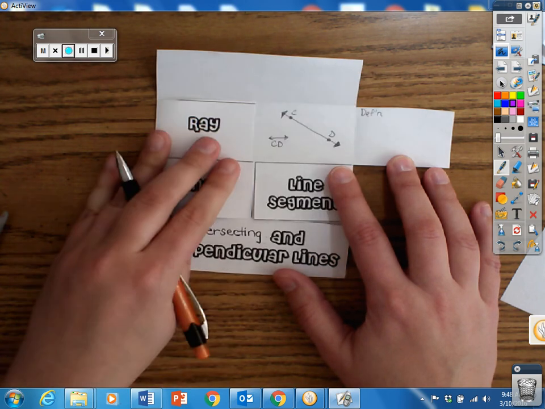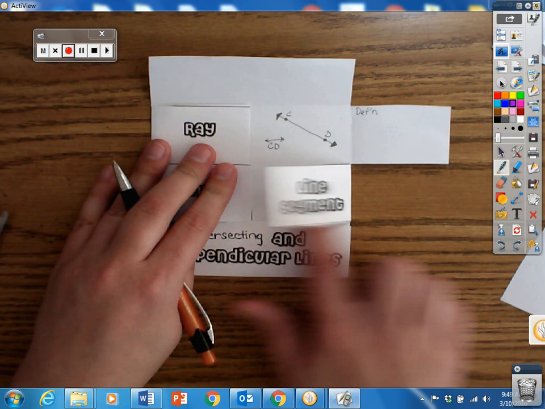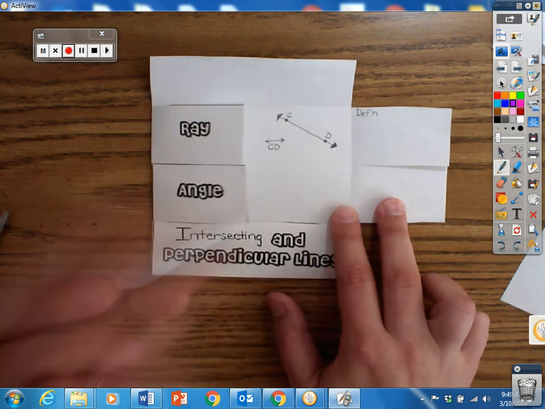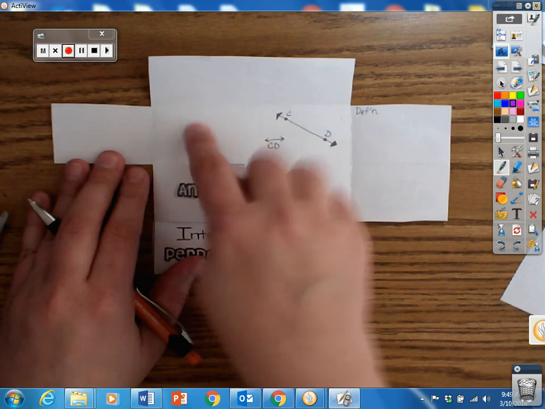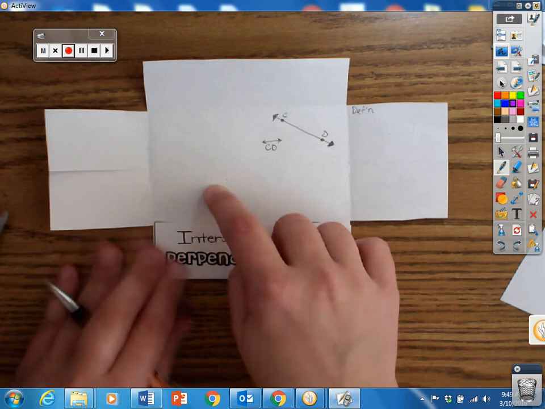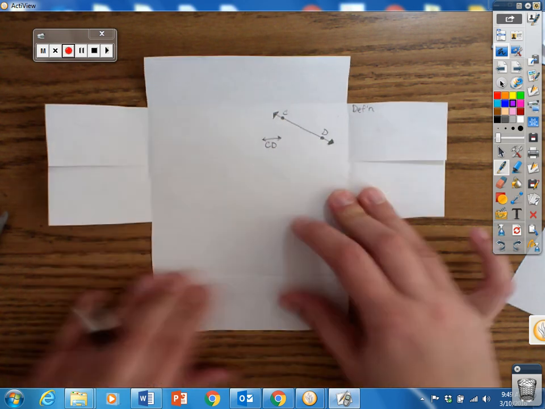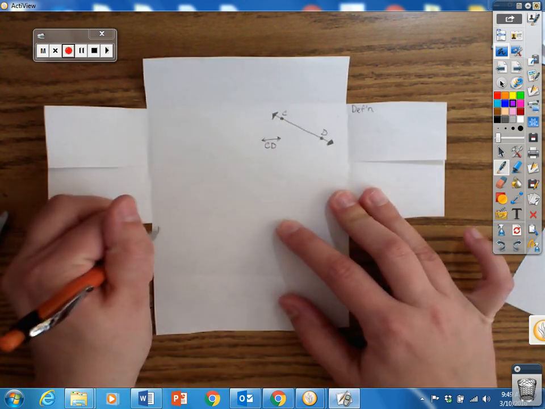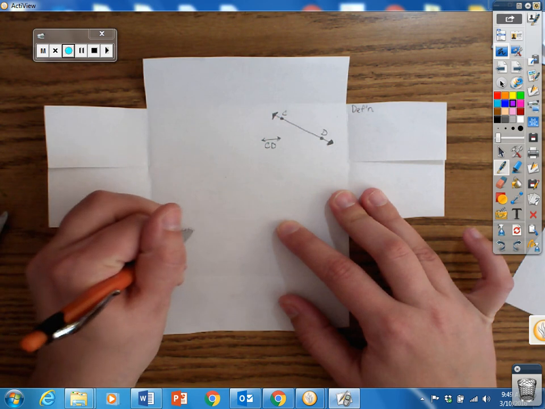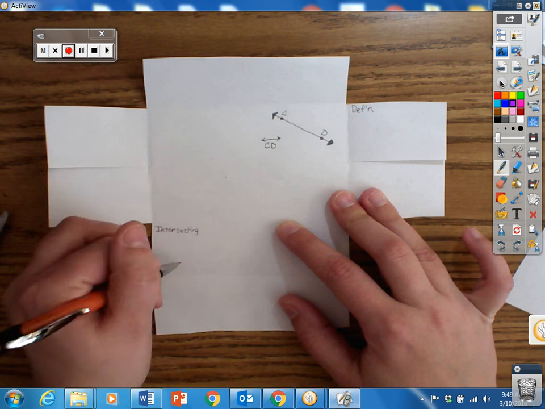Okay? Then the next slide you'll do is line segments. You'll draw a picture, and then you'll write the definition. Then you'll do ray, picture, definition, angle, picture, definition. Intersecting will go here. You'll draw a picture and your definition.